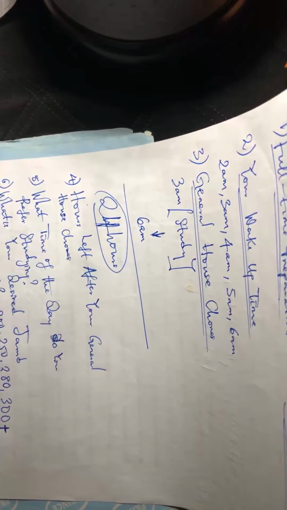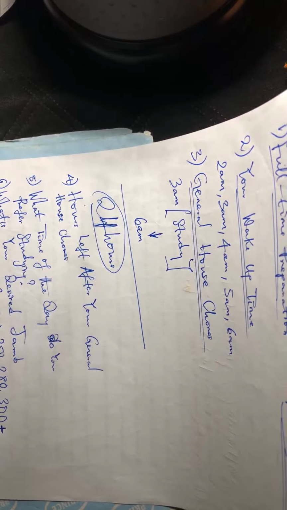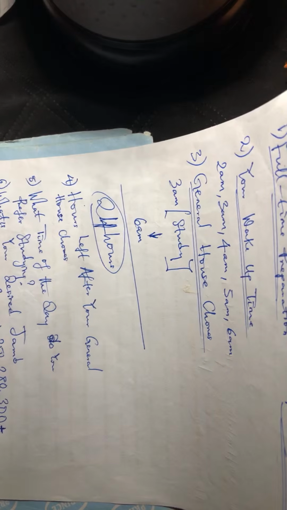Very good. All right. So you having that in mind, that you want to score 200, that you want to score 250, that you want to score 280, that you want to score 300 plus, is one thing that will give you a mindset of how far you want to study each and every day.